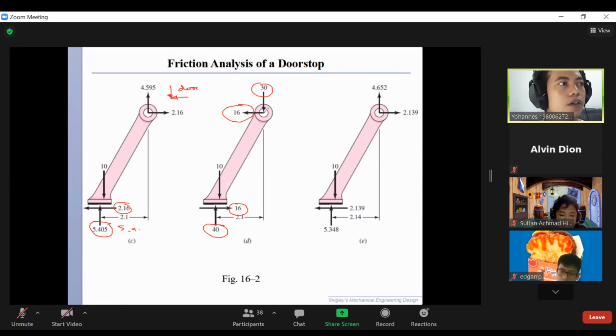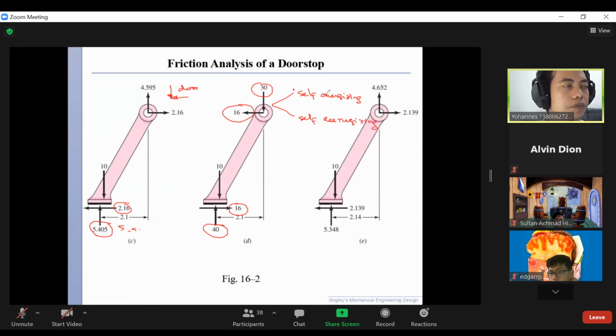So in this case, we will have two definitions. We will have self-energizing and self-de-energizing.